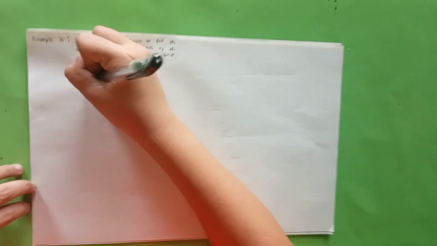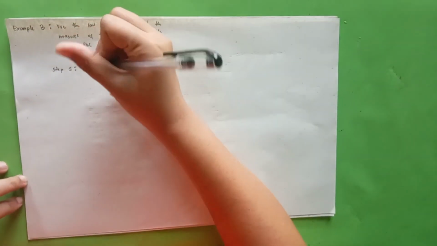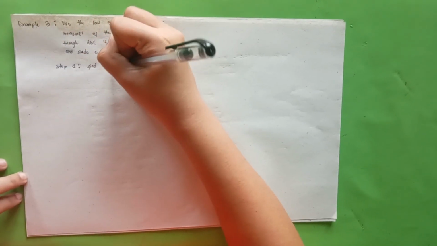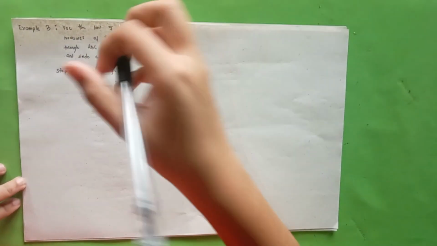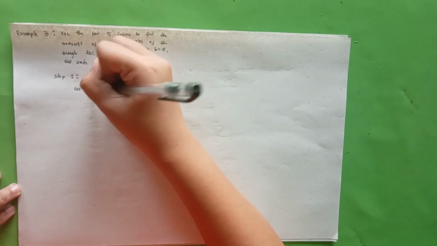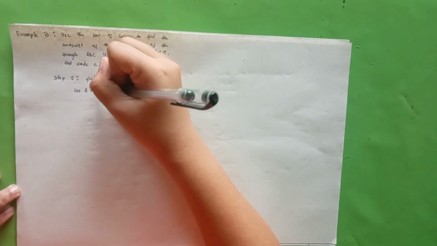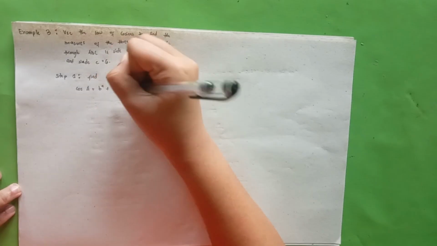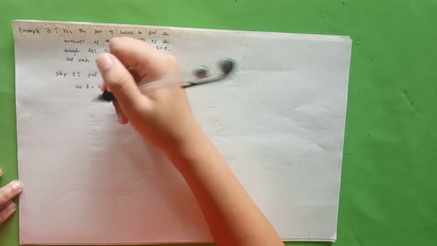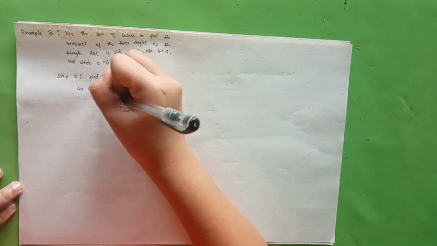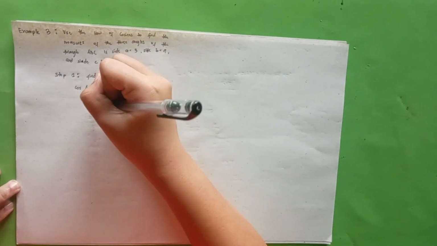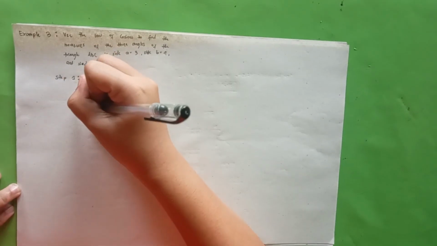So step 1, we will find the angle A. We apply the law of cosines to find A. Then, we substitute our values.